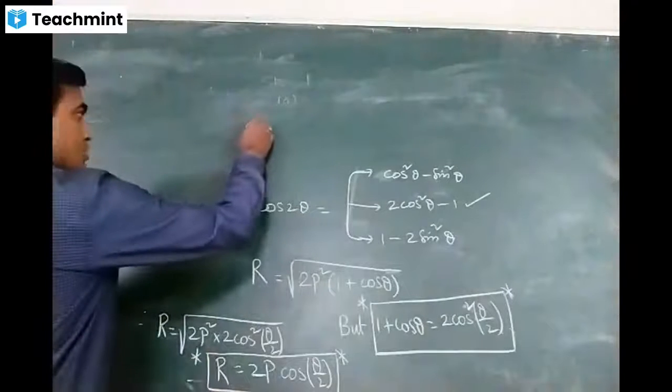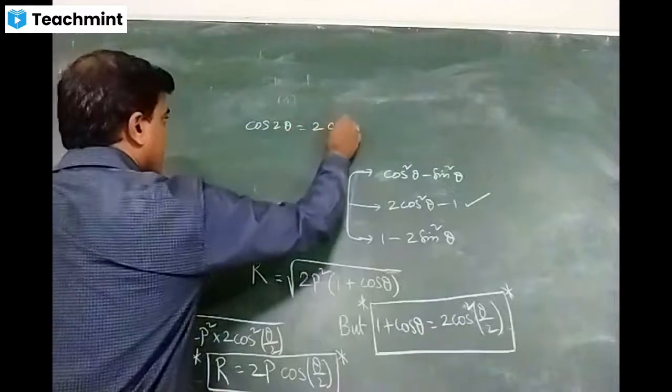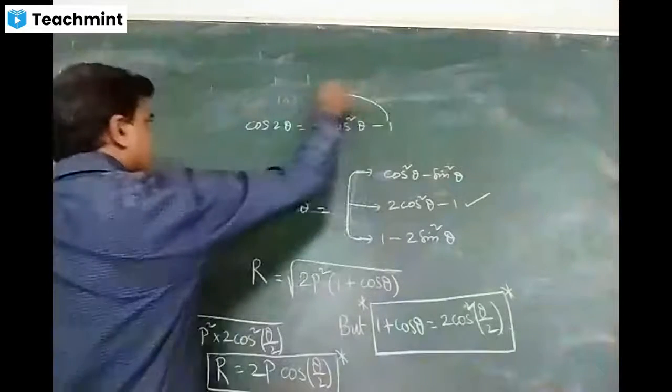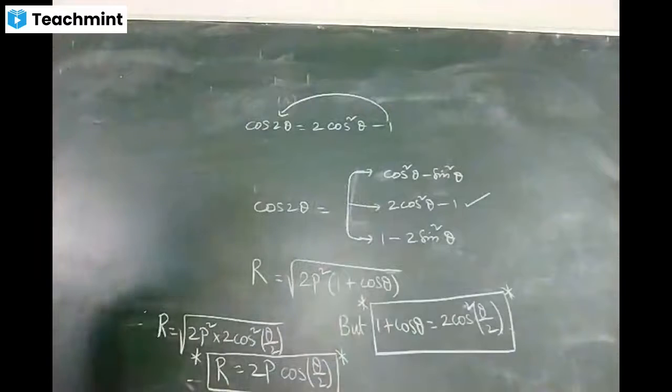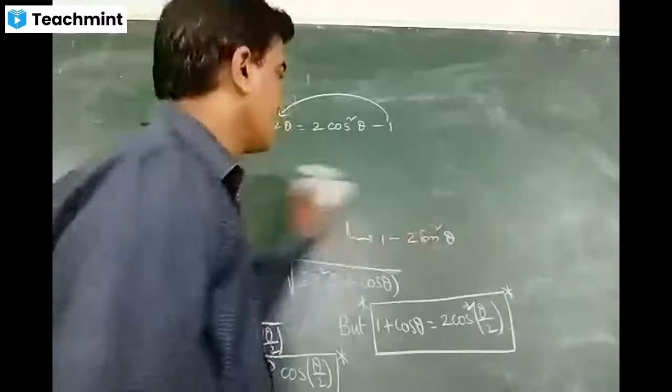Now, cos 2 theta is equal to 2 cos square theta minus 1. Bring this minus 1 towards the left side. When you bring this minus 1 towards the left, cos 2 theta plus 1 is equal to 2 cos square theta.